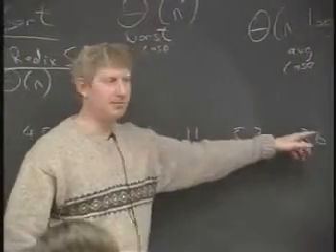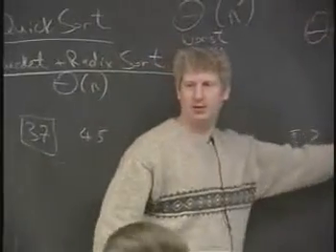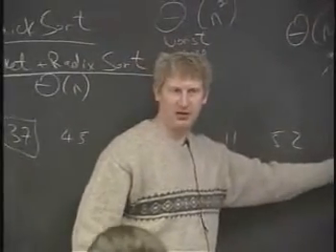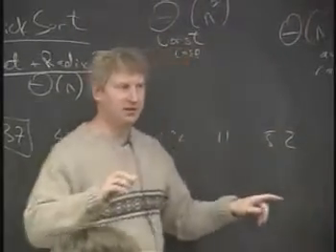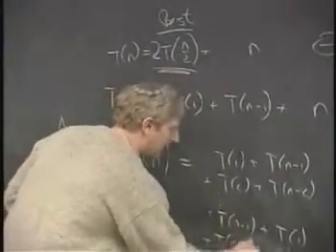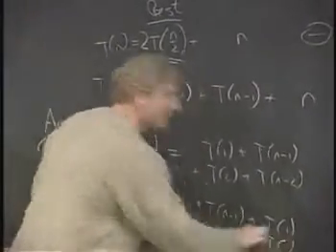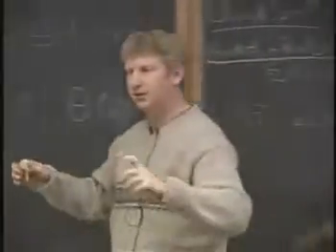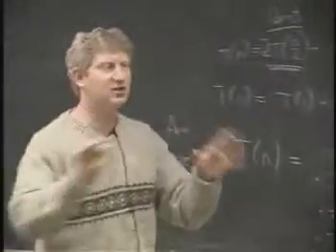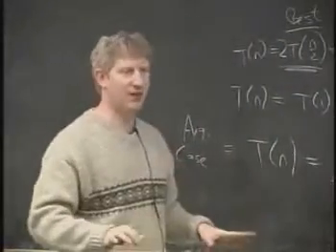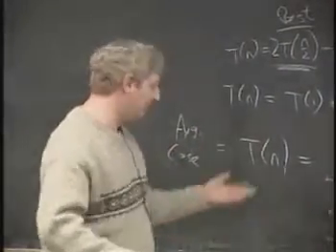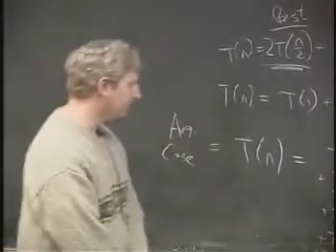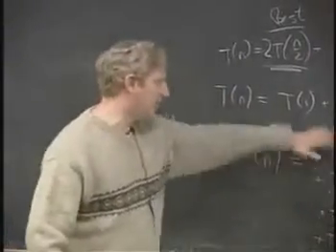If it's the second to last spot and we include it at the end of the left side, that's also the same as n minus 1 and 1. So if our 37 ends up here or here, we still get the same two cases at the end. This is a real detail that actually won't have any effect on the final solution, but it's a detail you should check. All right, so we get this big, big, big equation.